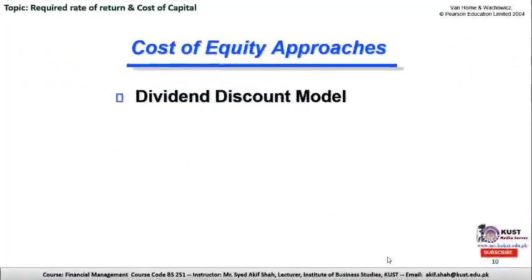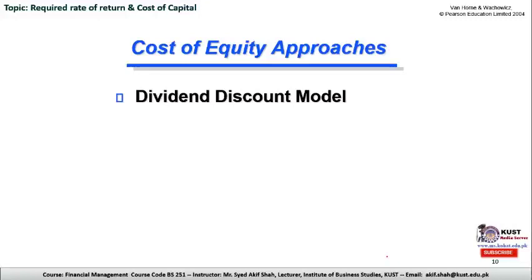The final section of this cost of capital topic is cost of equity approaches and how to calculate the cost of equity. It's a little bit more complex in comparison to the calculation we have done for debt instruments as well as for preferred stock.